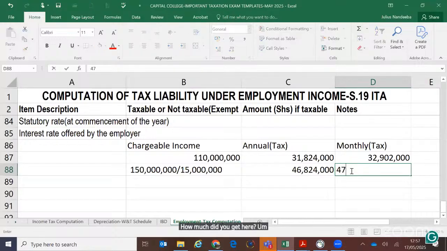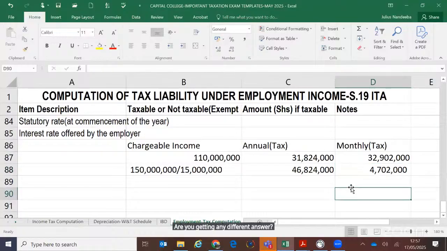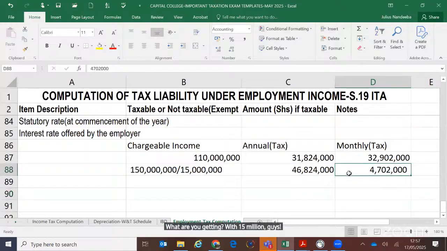I'm getting 4,702,000. Are you getting any different answer? You're getting a different answer. What are you getting? With 15 million, guys. No. When you're looking at the monthly basis, the 120 becomes 10 million. The 120 becomes 10 million on a monthly basis.